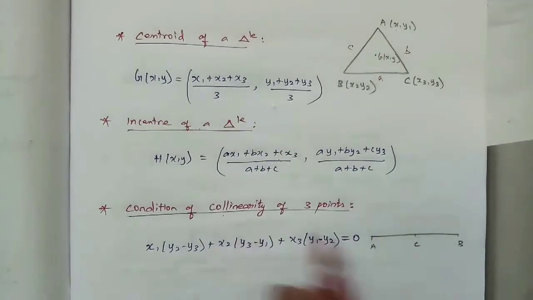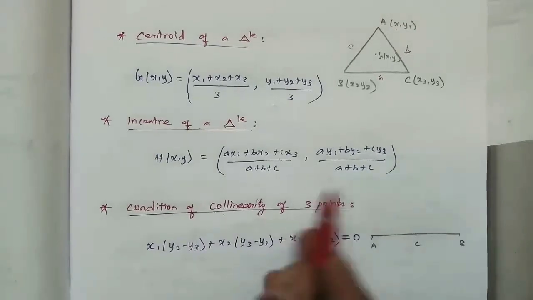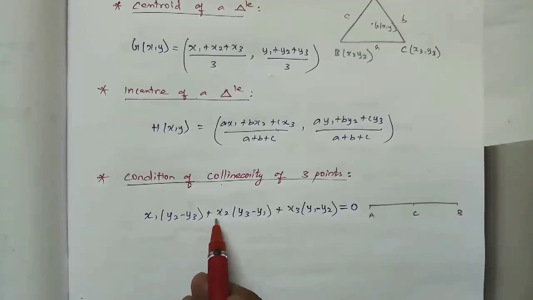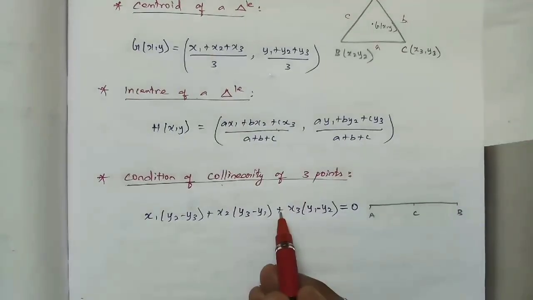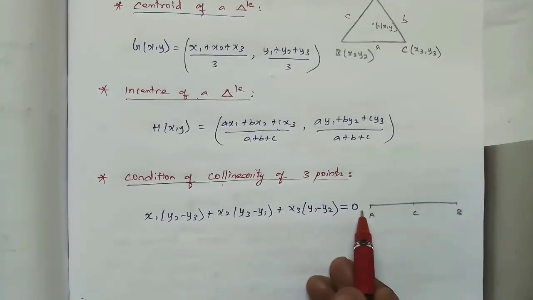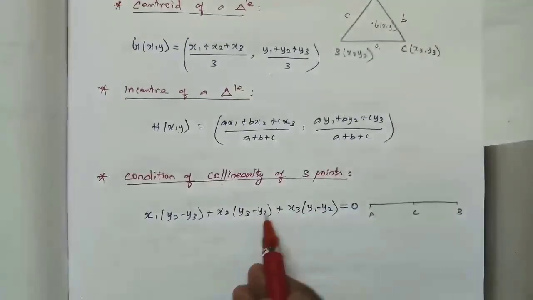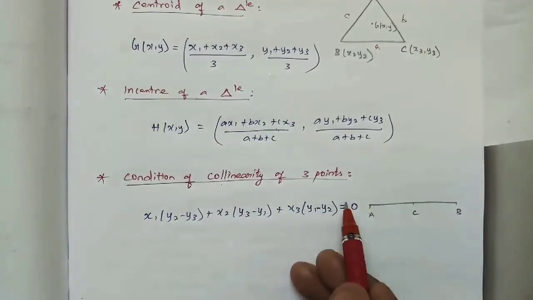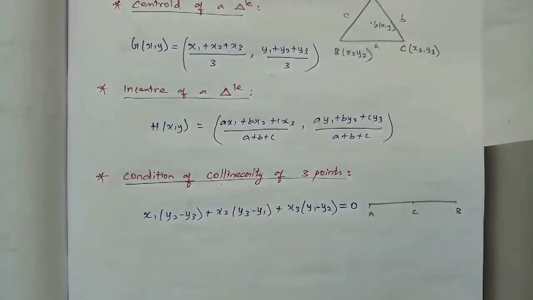The condition of collinearity of 3 points: the formula is x1 (y2 minus y3) plus x2 (y3 minus y1) plus x3 (y1 minus y2) is equal to 0. By substituting all these values, it must be equal to 0. If it is equal to 0, then the given 3 points are collinear.